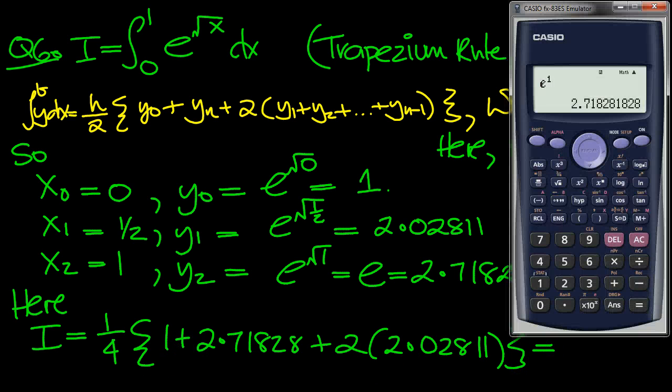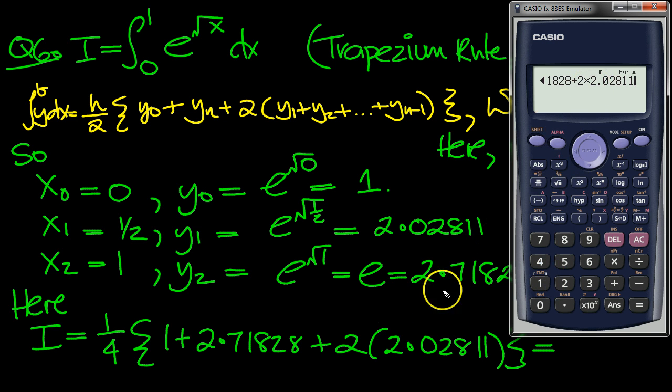So tap that into the calculator then. A quarter, which is 0.25, times bracket, 1 plus 2.71828 is 3.71828. So put that in directly. Plus 2 times 2.02811.